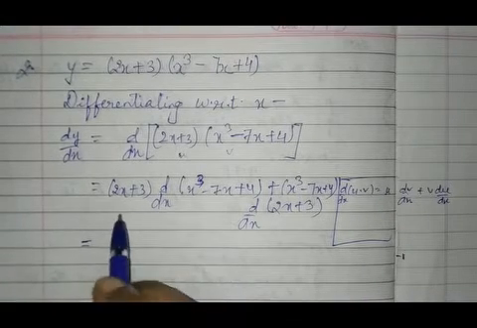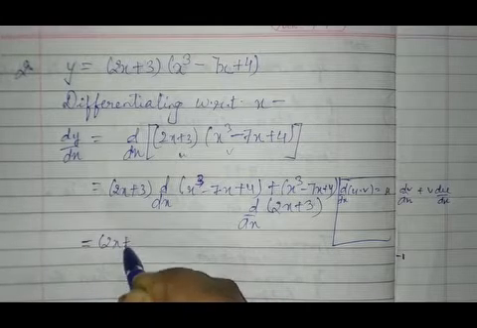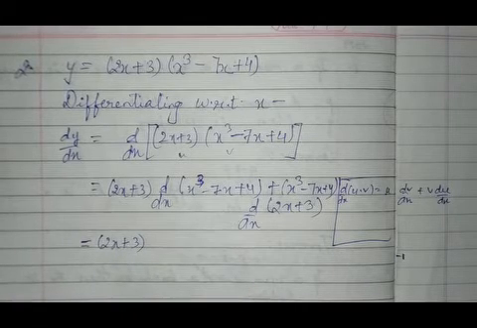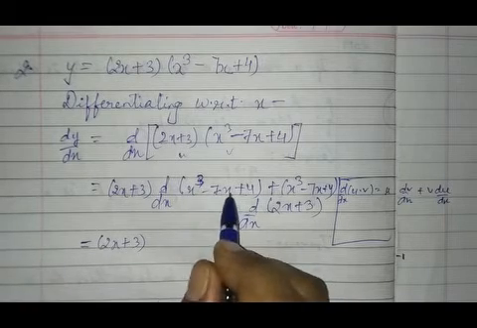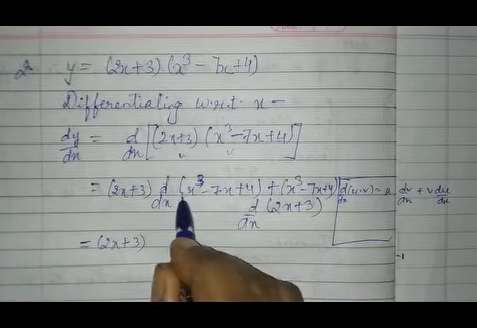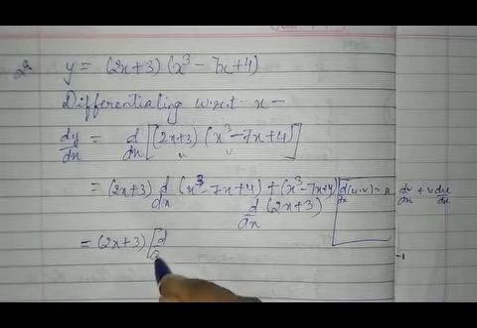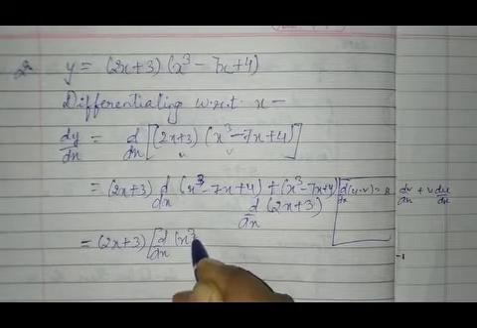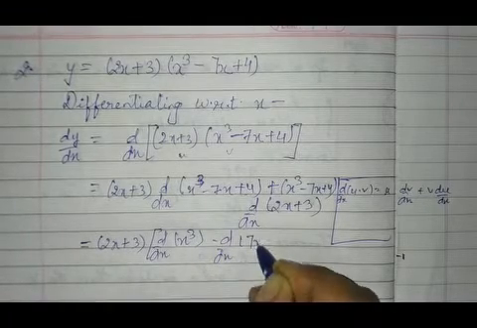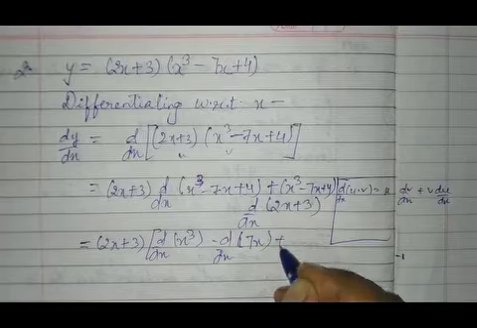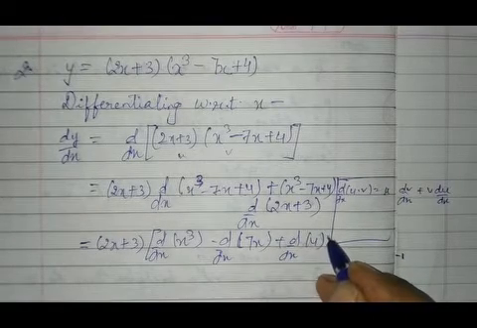Now we don't have to do anything here, so we write it just as it is given, 2x + 3. Now we have to differentiate this, so d/dx of x³, d/dx of 7x, plus d/dx of 4.